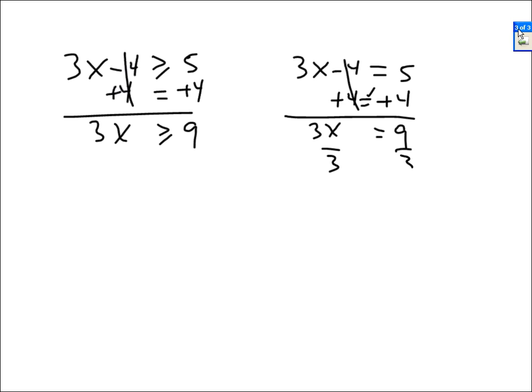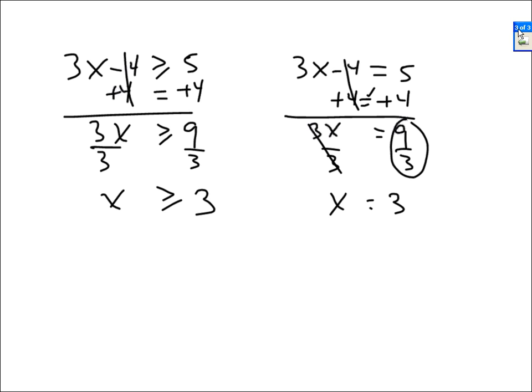Divide by 3, divide by 3, the 3's cancel, and x is greater than or equal to 9/3, which is 3. So coincidentally, we get the same answer as before.